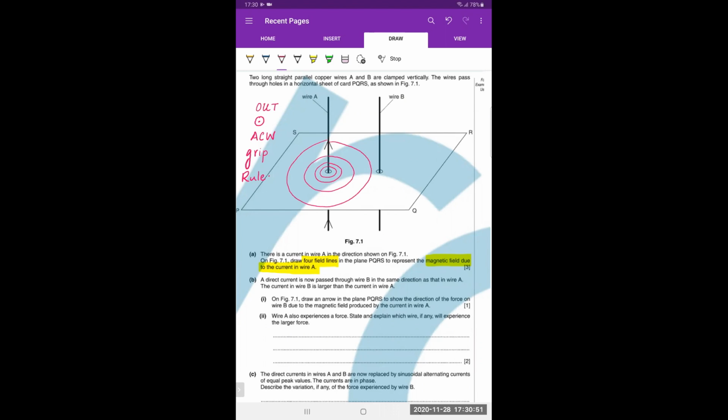And more concentrated when we are closer to the wire, and as we move further away, the strength of the magnetic field decreases, so the concentric circles will keep moving far apart from each other. Let me make the arrows before I proceed. For anti-clockwise it will look kind of like this. That's enough. Right. In the next part, read the direct current part. I'll draw what is relevant.